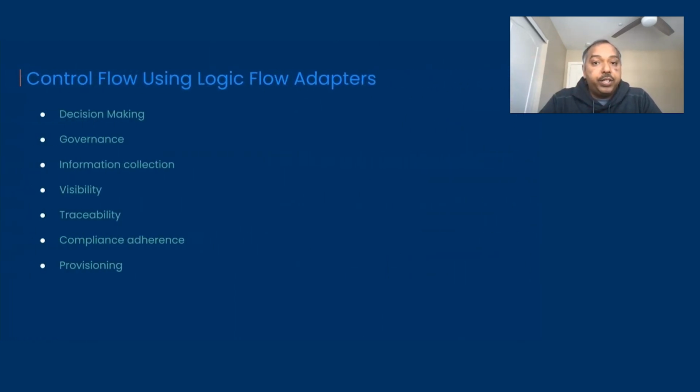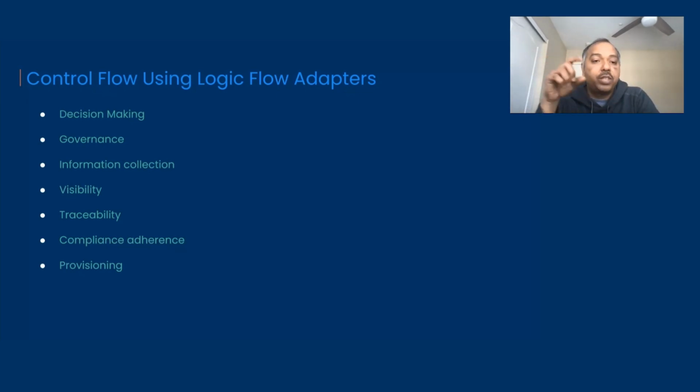And we use logic adapters to help you with your decision making and governance, and help you collect the information from multiple systems so that you can generate some reports around it. You can also visualize your process. Say, for example, I have to meet a condition before I go to the next step. You want to visualize that in your value stream.